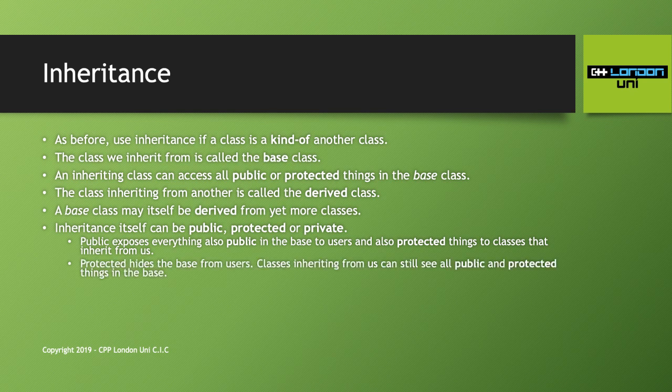So when we do use protected, now users can't see this inheritance. So for example, given the student and art student example, imagine your student has that first name and last name, and your art student maybe has some paintings, and actually I'll have an example of this in a second.